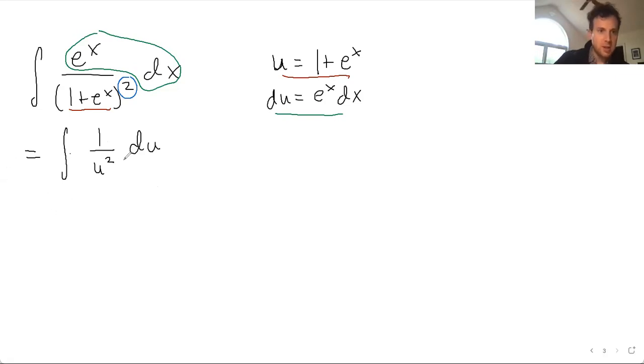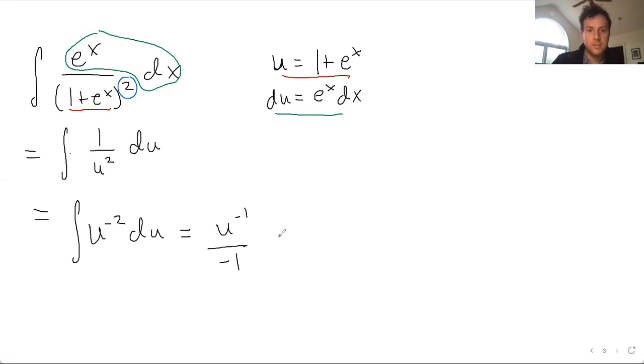Once we're here, a step you might want to do, but don't have to, is to rewrite the integral with a negative exponent. Writing it as u to the negative 2 makes it clear that the power rule is what you want here. So we increase the exponent by 1, getting less negative, and then divide by our new exponent.